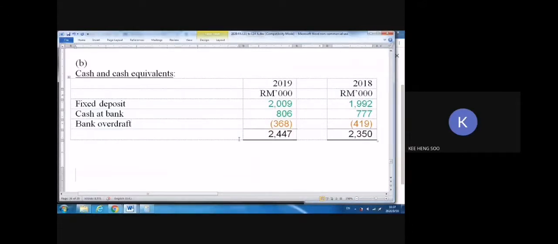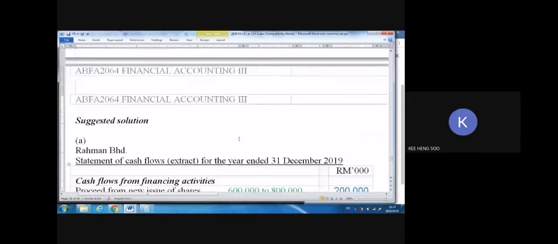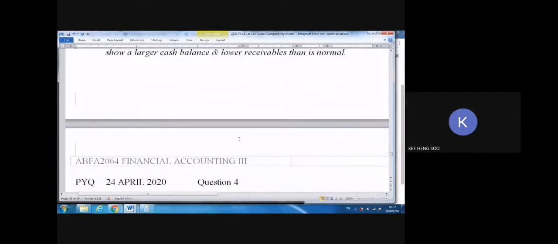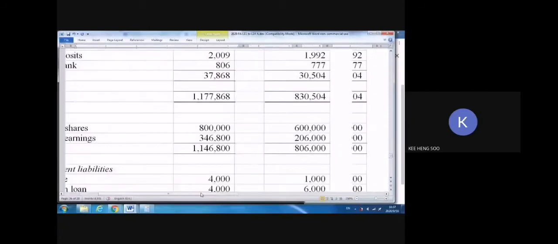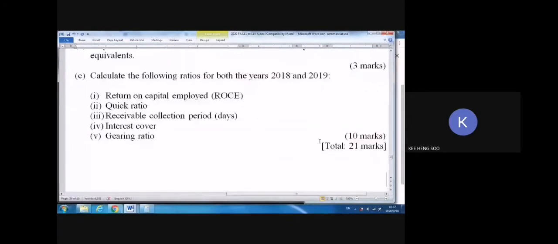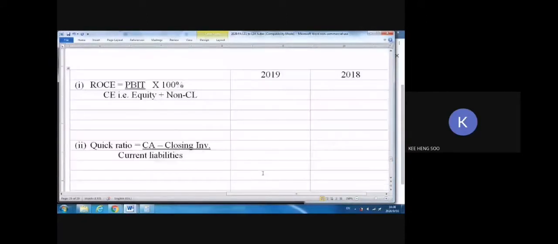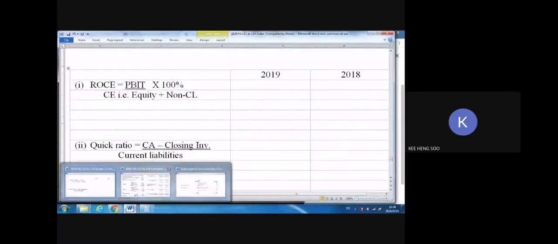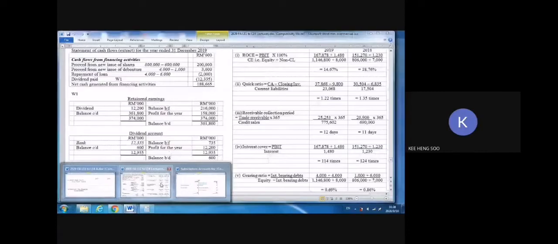Okay, next, C. Calculate the return on capital employed, quick ratio, receivable collection period, interest cover, gearing ratio. Very easy, I think it should be no problem. You can get it, and try to copy from here.